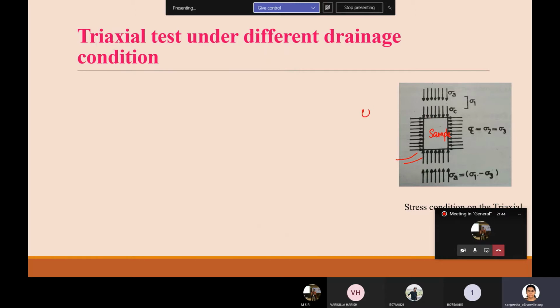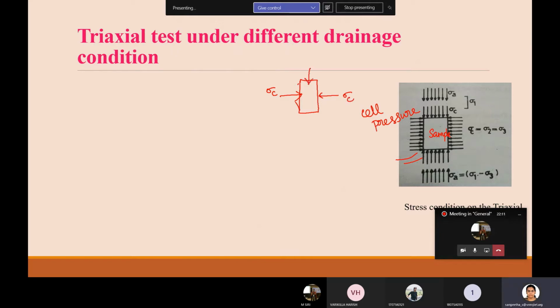That pressure is called cell pressure, and this cell pressure is uniform all around the sample. So horizontally it is sigma C and vertically also it is sigma C. Don't look at other numbers, just follow my words. Everywhere the sample will experience a pressure of sigma C.